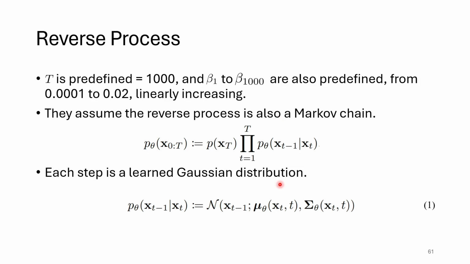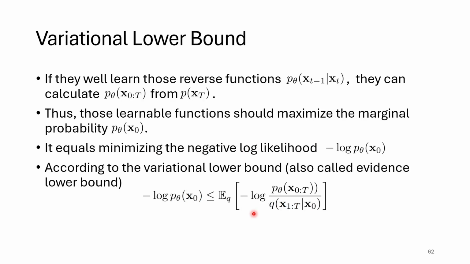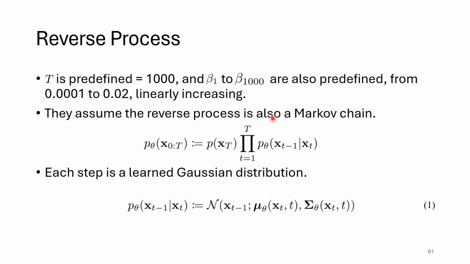So the next question is, how do they learn the mu for the reverse process? They use a method called the variational lower bound. What does it mean?